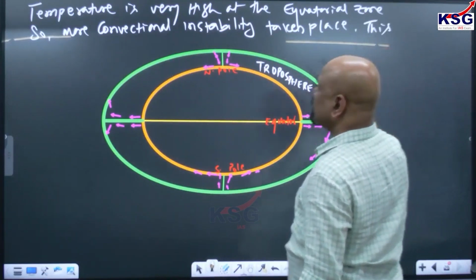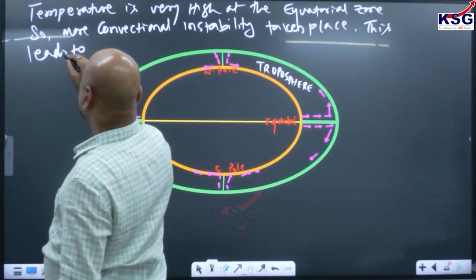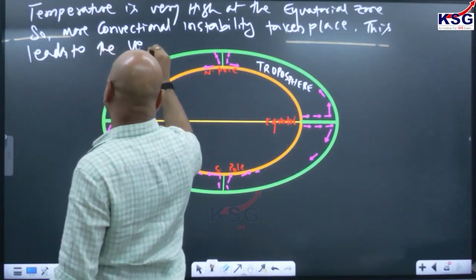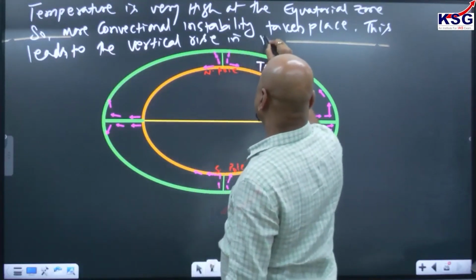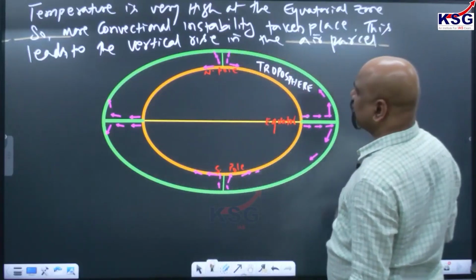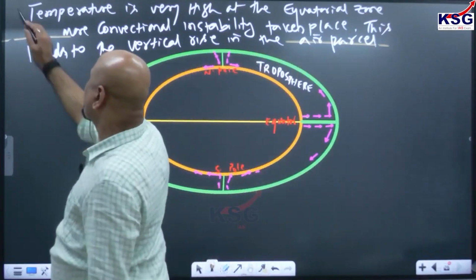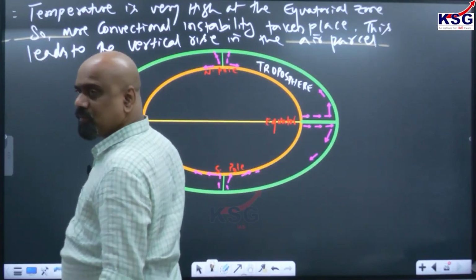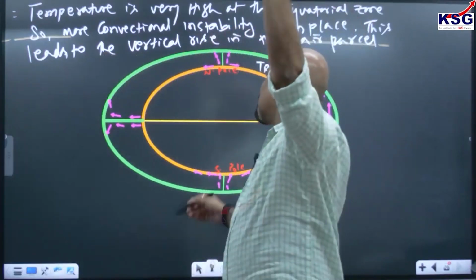This leads to the vertical rise in the air parcel. Up to 18 km you will have disturbances in the upper part.